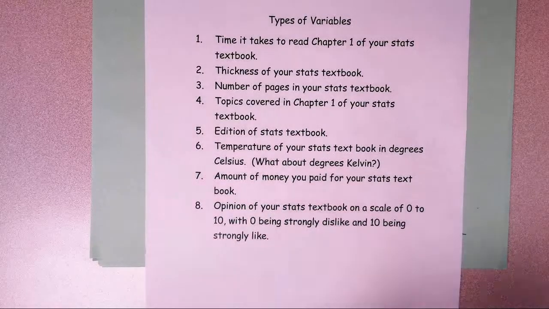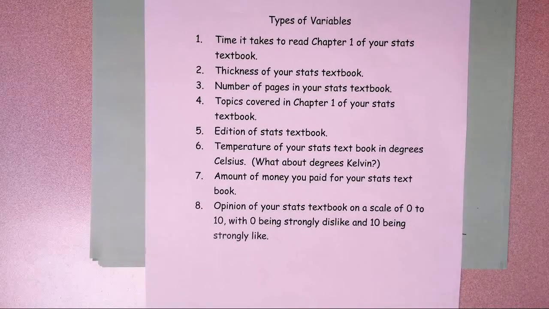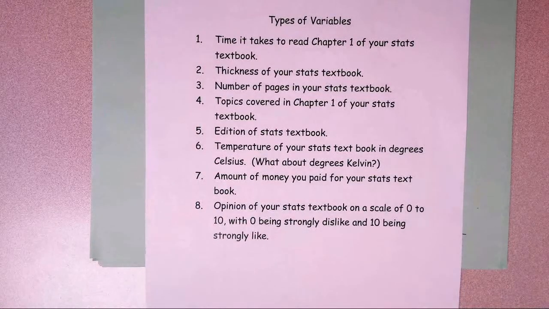Some of these are going to be a little more difficult, and the reason for that is it'll bring out a few more nuances. But for the most part, the homework and the tests, we're not throwing difficult examples at you. We're just testing to see if you know the difference between these types of variables. So go ahead, press pause, give it your best shot, and then start the video back up again and see how you did.